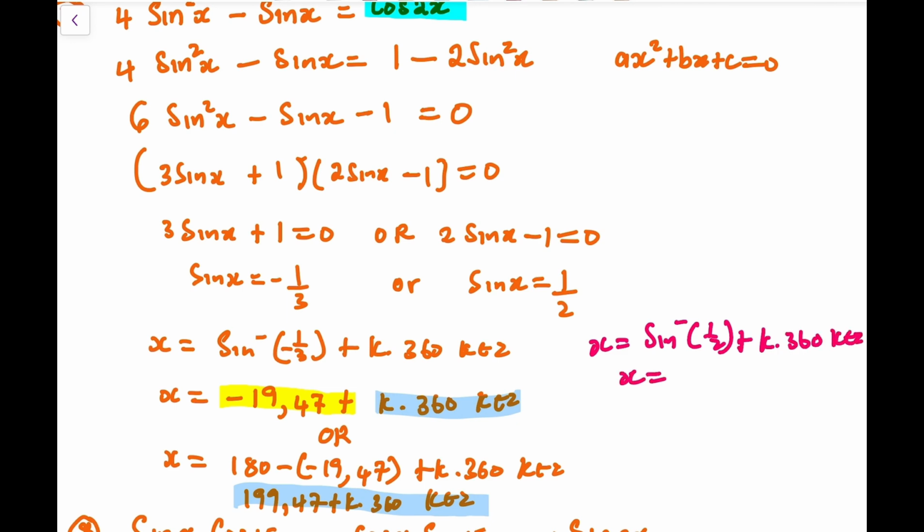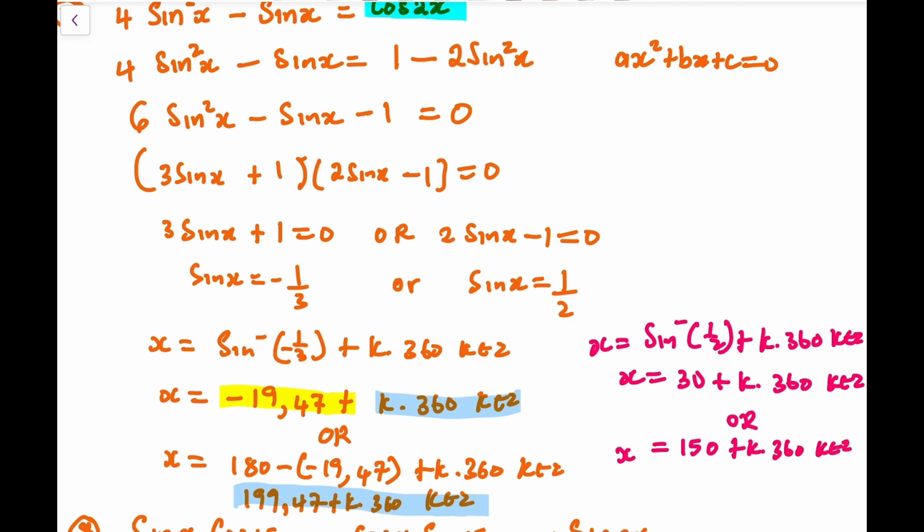Now this is x is equal to 30 plus k multiplied by 360, k represents all integers. Or x is equal to 180 minus 30, it is 150 plus k times 360, where k represents all integers.